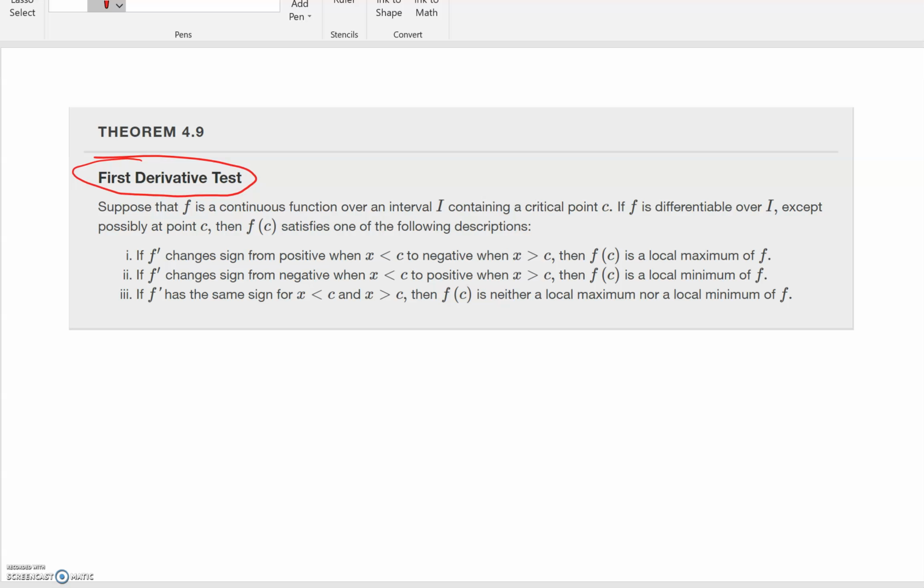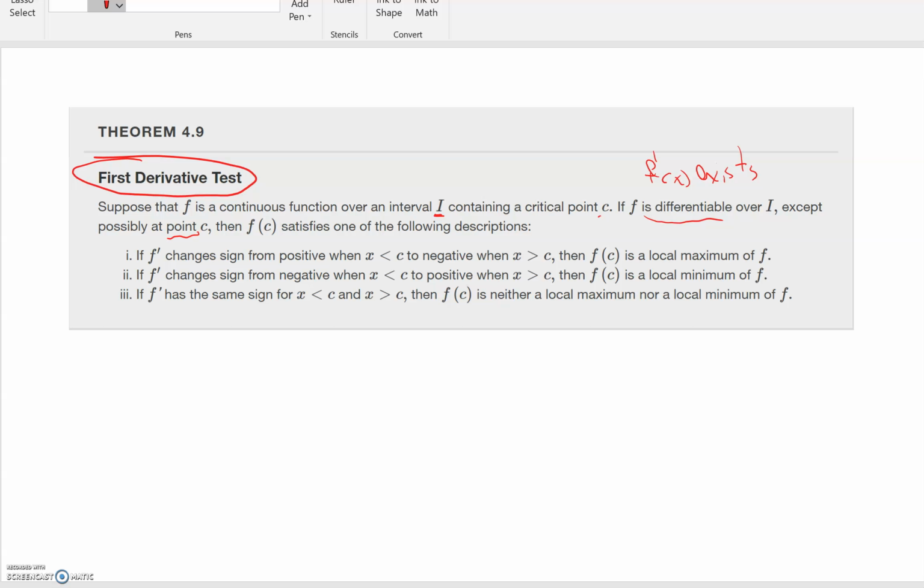So the first derivative test, and this is something we discussed on Wednesday. If you have a continuous function over an interval I, and notice that it doesn't specify what kind of interval, but you've got a continuous function over that interval and a critical point within the interval, you have to also have the condition that f is differentiable, which means f prime of x exists over the interval, except maybe at that critical point.